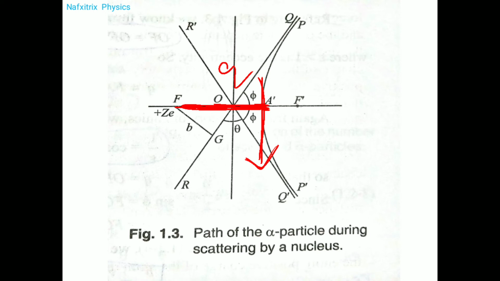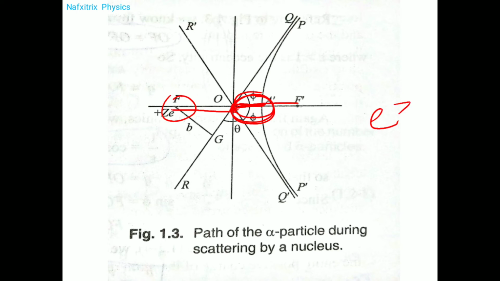So here this is the center of the hyperbola and this is the foci. Center to the foci is nothing but AE. Here E is greater than 1. So actually here this is A, OA dash, and this is A into E, because in hyperbola eccentricity is greater than 1.